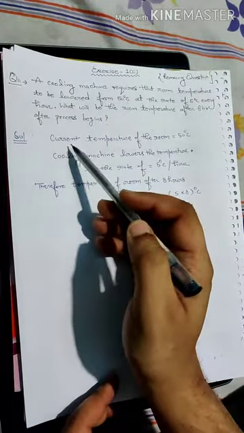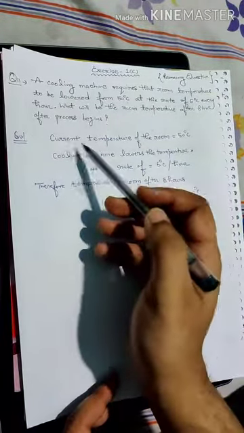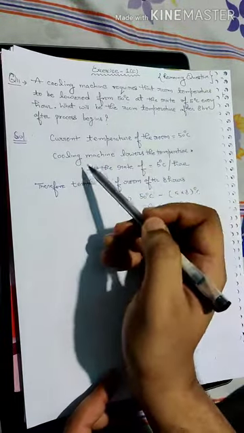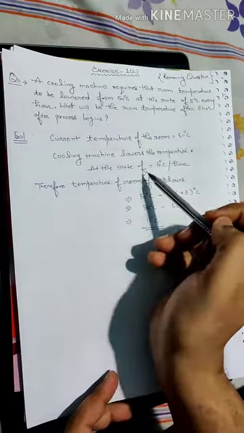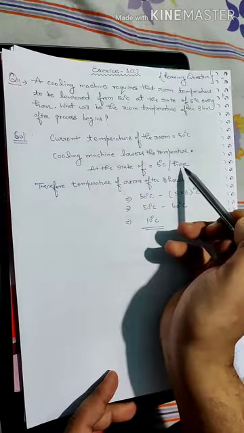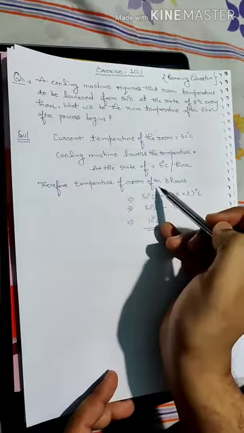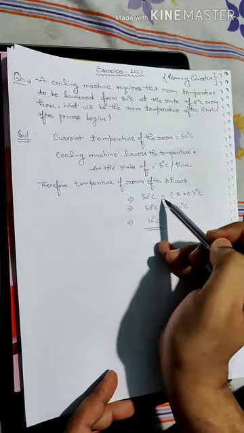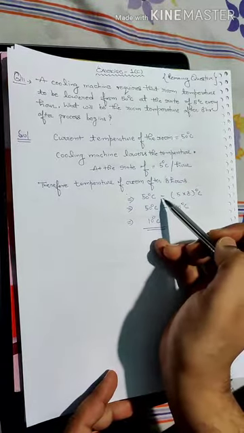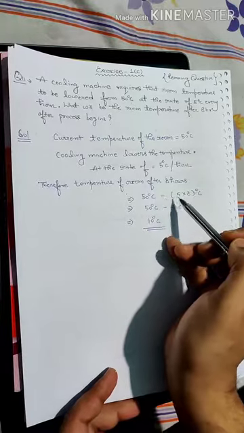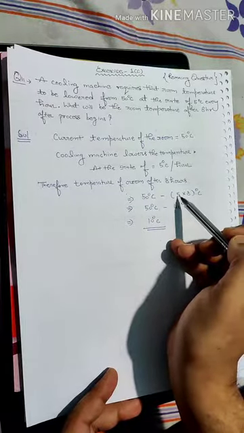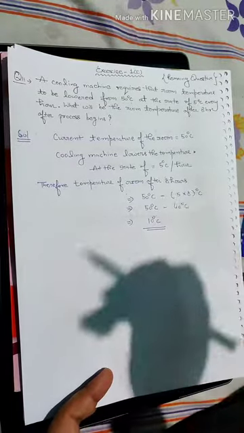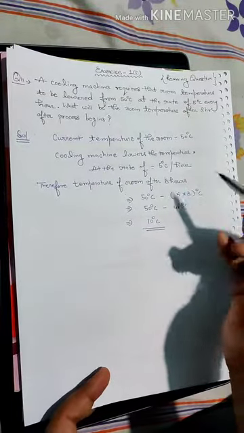So here we solve the question. The current temperature of the room is 50 degree centigrade. The cooling machine lowers the temperature at the rate of 5 degree per hour. Therefore, the room temperature after 8 hours: the current temperature is 50, and lowering the temperature means minus the rate, which is 5, times the time the cooling machine works, 8 hours.